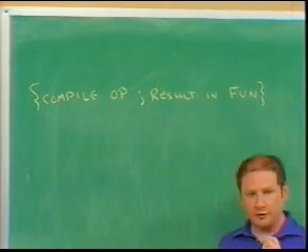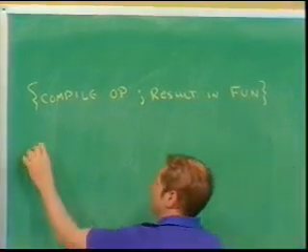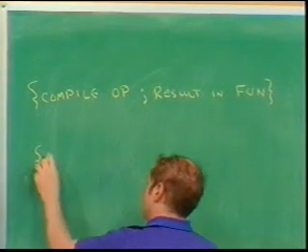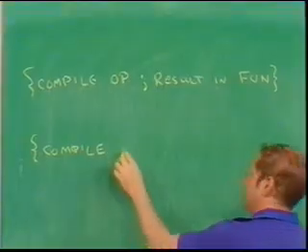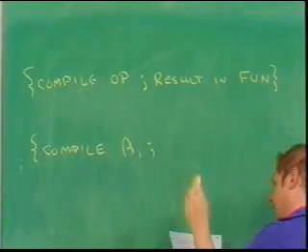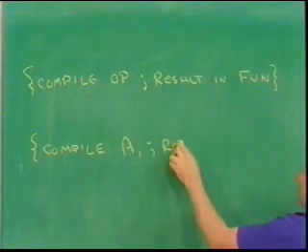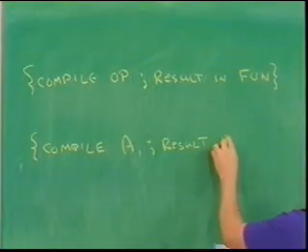The next thing it's going to do is compile the first argument, so it calls itself recursively. And let's say the result will go into val.